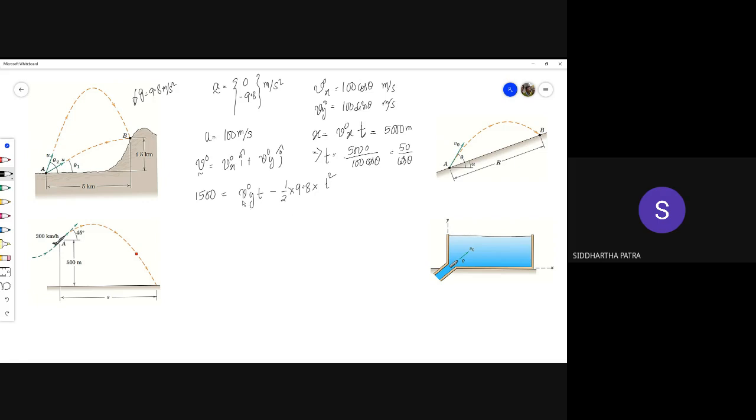In this case again, if you take v0y, you are going to have 100 sin theta component. So it would be 100 times 50 times tan theta, and over here it would be half into 9.8 into 50 to the power 2 times sec square theta, because it is 1 by cos theta.